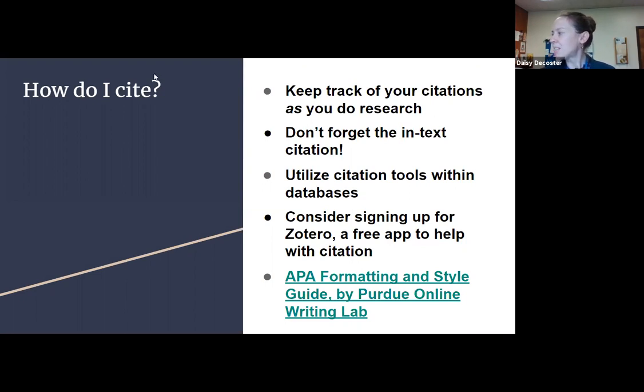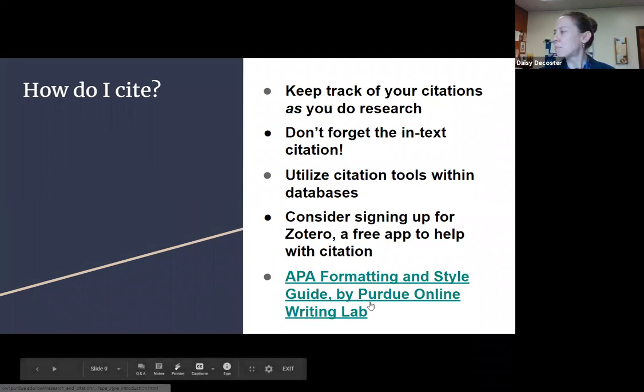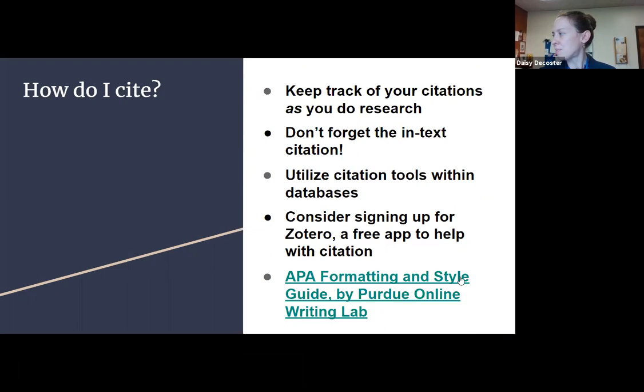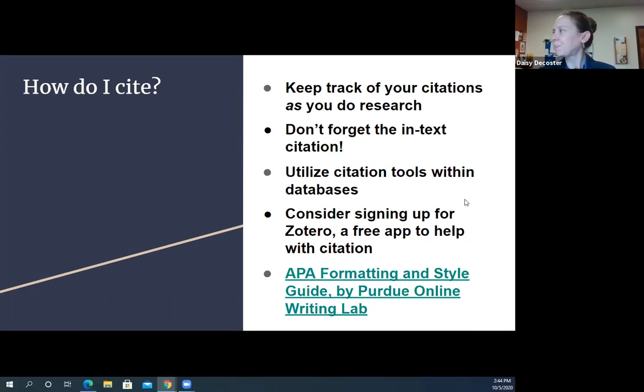And lastly, I always recommend the OWL, O-W-L, Online Writing Lab from Purdue. It's got great resources on citations. So if you have any question on formulating those, if you're doing them from scratch, check that out. Just Google OWL, Purdue, and whatever style you need. In your case, I think it's APA style.